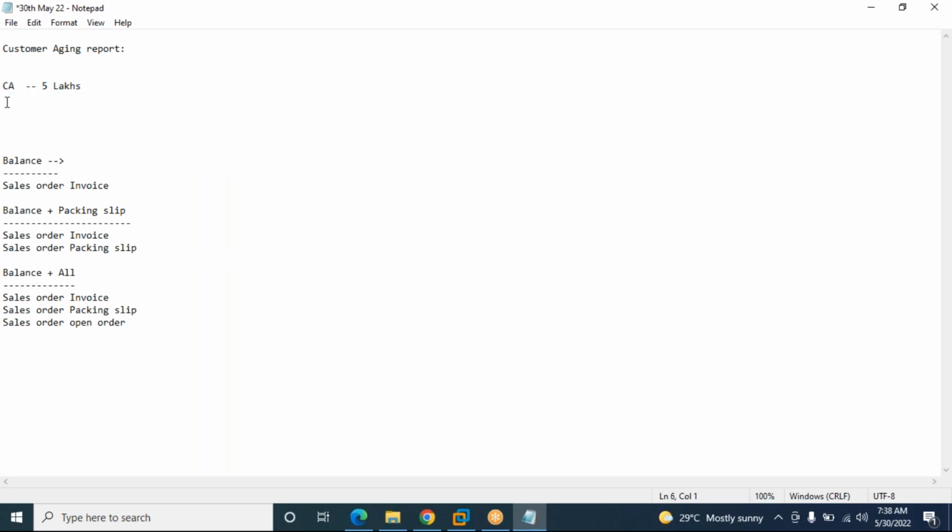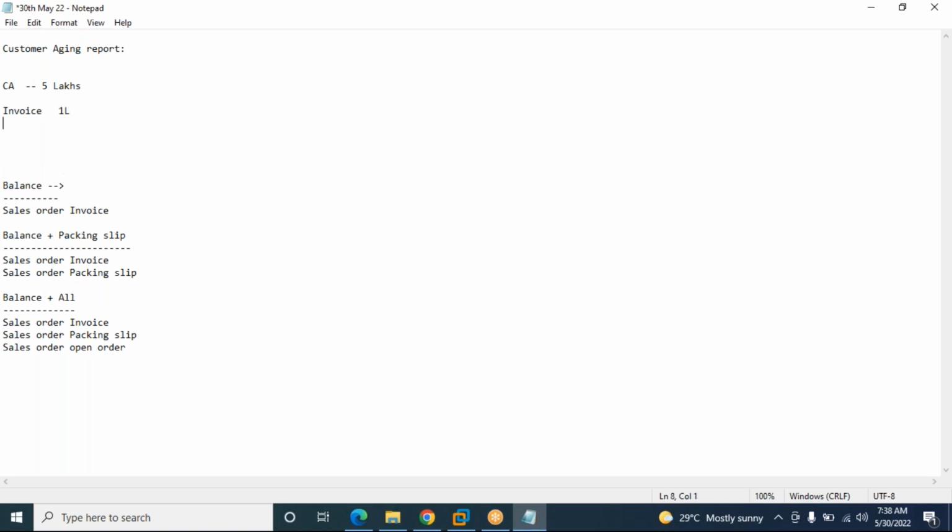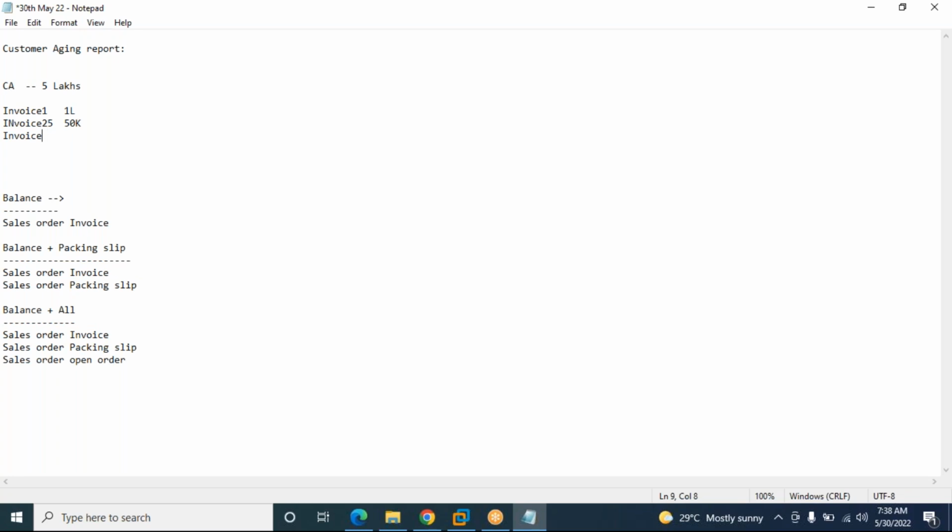For the same customer, one invoice is pending for 1 lakh rupees. Another invoice, invoice 25, is 50,000 pending. Another invoice, 45, the pending amount is 1.5 lakhs.